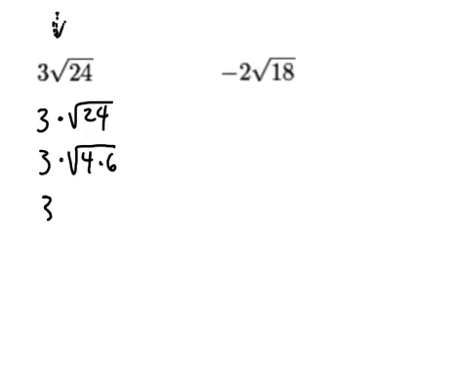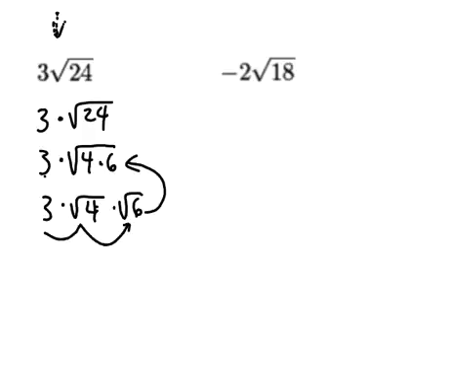Now, 3 times the square root of 4 times the square root of 6 is the exact same thing as 3 times the square root of 4 times 6, which is the exact same thing as 3 times the square root of 24.